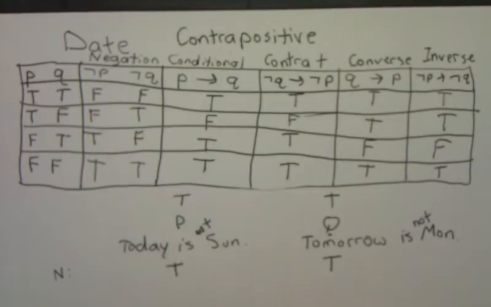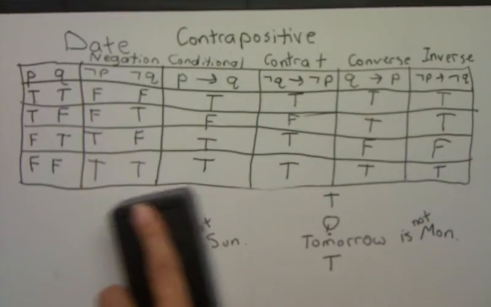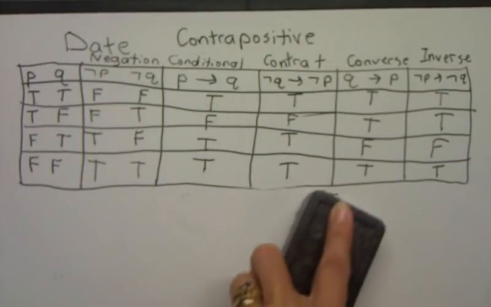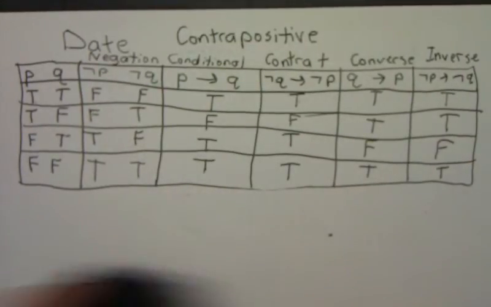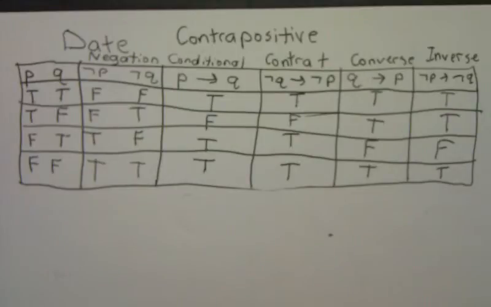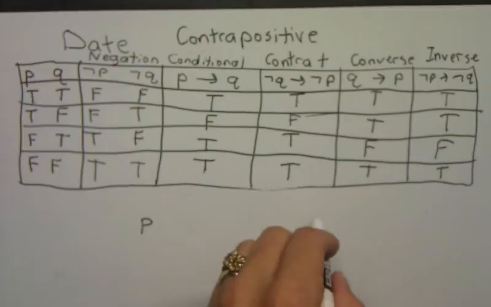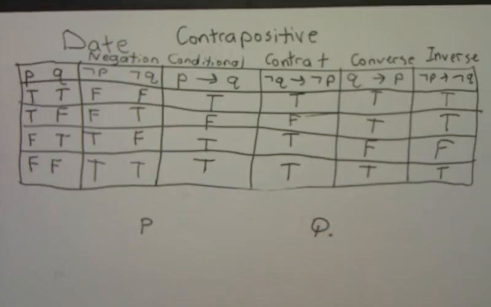Let's try another one. This time I want you to try one just to make sure you're understanding it. P and Q. I want to see if you can do this. Here we go.